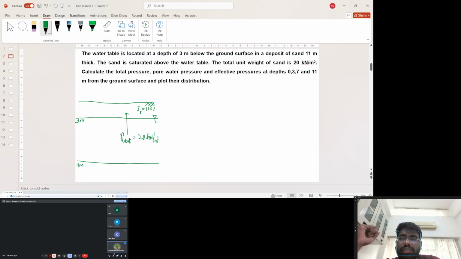So let's just extend it. This is 0 meters. Let this be 5, and let this be 7. It is not up to scale, since my drawing is a freehand diagram, so it may be out of scale. So let's extend this.